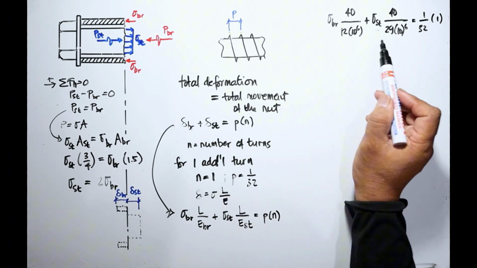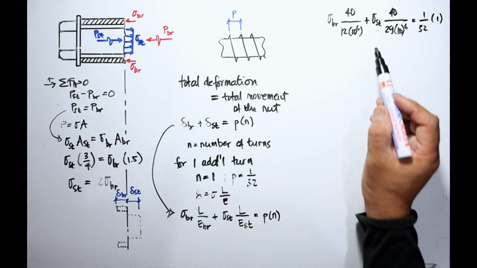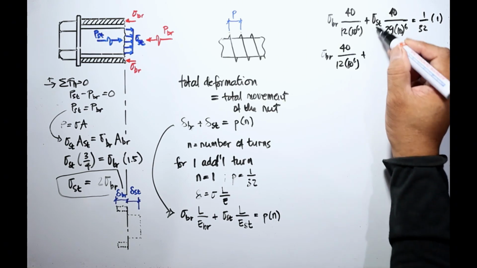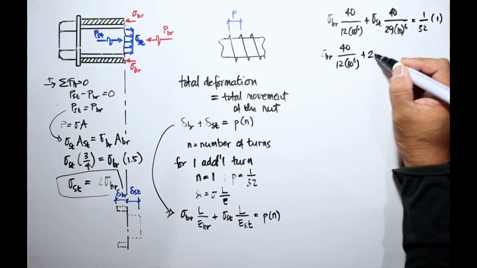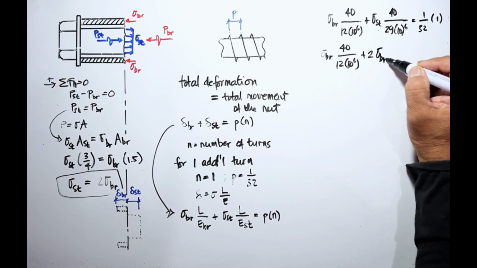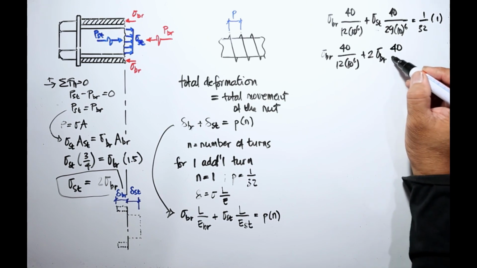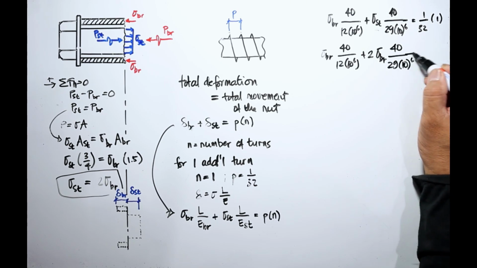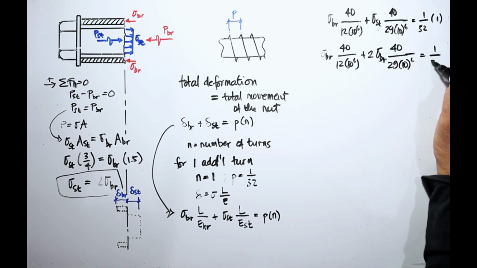And then we'll express the stress in steel in terms of the stress in bronze. So from this equation, this one becomes 2 times the stress in the bronze times 40 divided by 29 times 10 to the 6 equals 1 over 32.